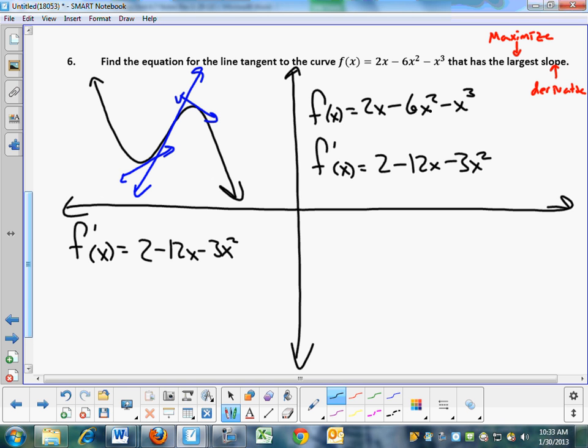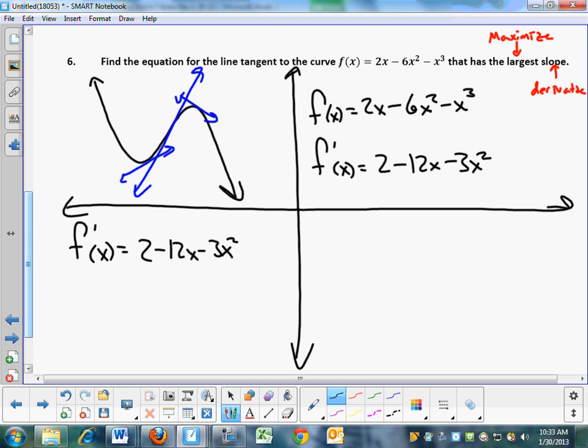If you're trying to maximize it, what do you need to do? What did we do to all the other problems? We set them equal to 0, but before we set it equal to 0, what did we do? With every problem, in order to maximize it, we've taken the derivative and then we've set it equal to 0, right?